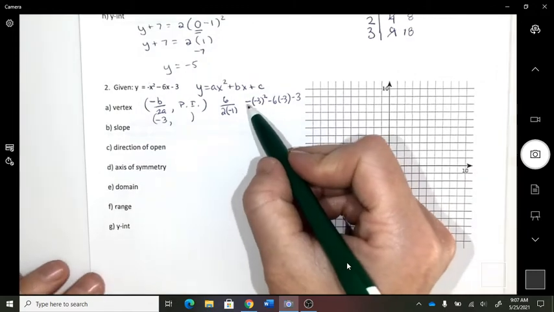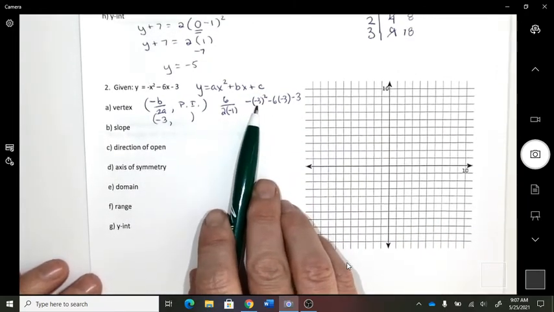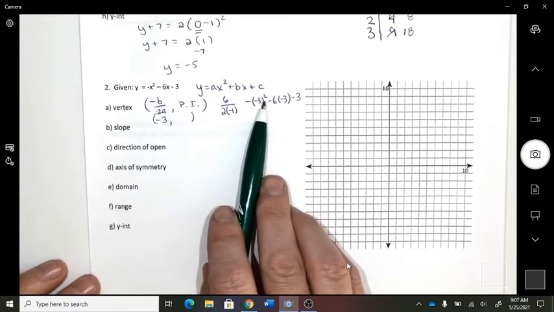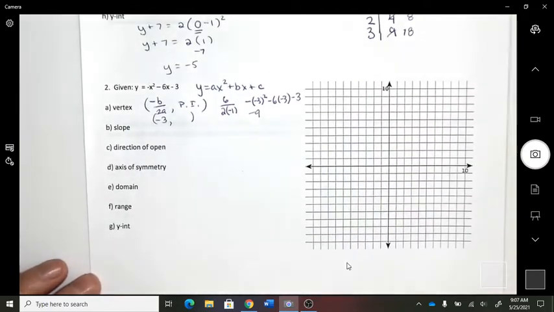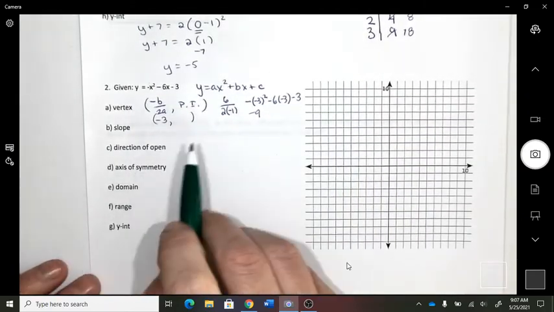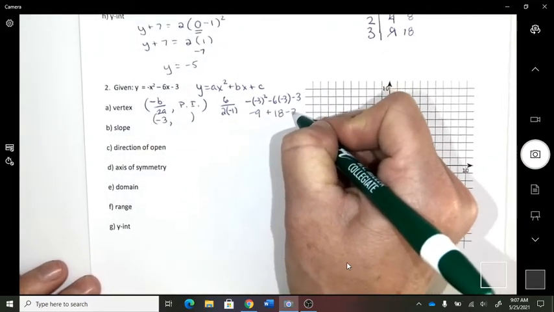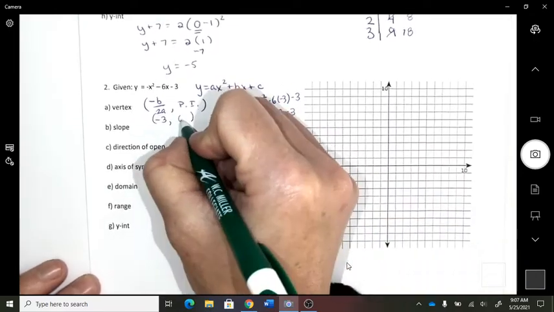Okay, this is a little bit tricky with all these negative signs, so you're going to have to think like this. Square it first. This squared is 9. Then times negative makes negative 9. Negative times negative makes positive 18. So that ends up being 6.